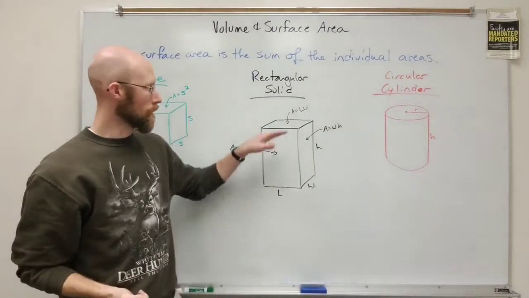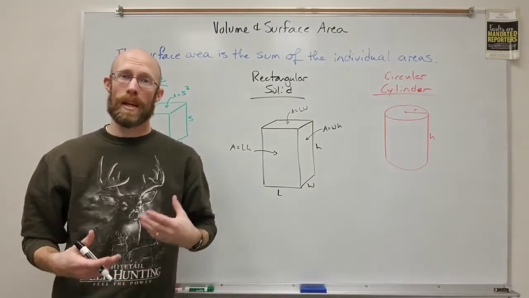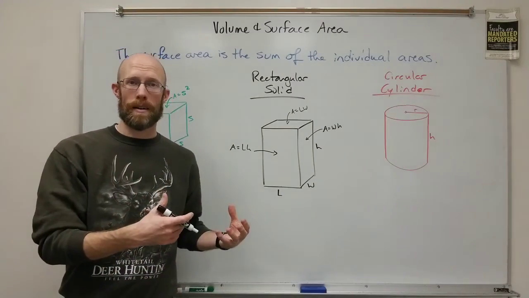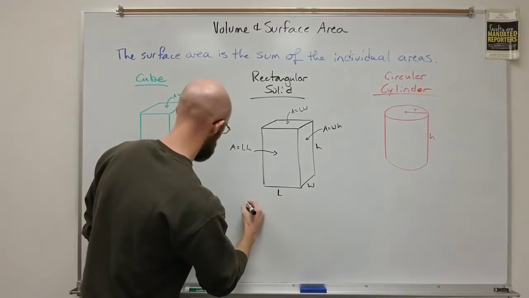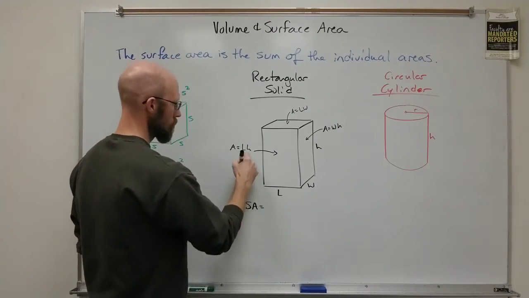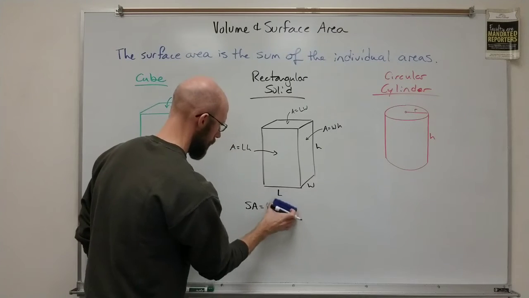Again, then you double it, right? The top is the same as the bottom, the right is the same as the left, the front is the same as the back. And so you add those up and then double it. So the total surface area is going to be double the length times height, right?